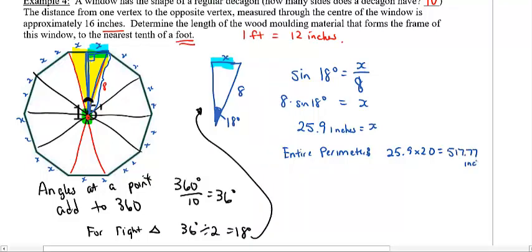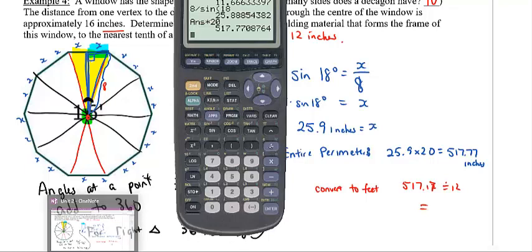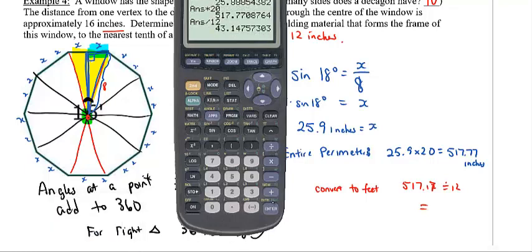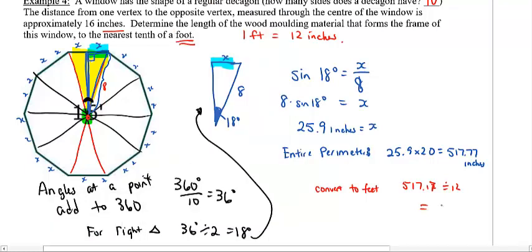This is inches. And then finally, we need to convert to feet. Wow, crazy question. And we can do that by dividing it by 12, because there are 12 inches in each foot. So dividing by 12, wow, 43.1 feet. And that's how much molding or the wood material is required.